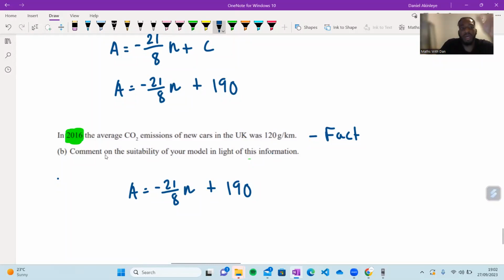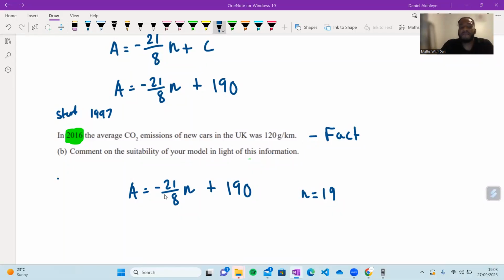Our start was at 1997, and they're talking about 2016. What should our value for n be, do you think? Exactly, thank you very much, Biana. It's 19, isn't it? I can see someone put 9, but I'm pretty sure you meant 19. So n is equal to 19. Good stuff.